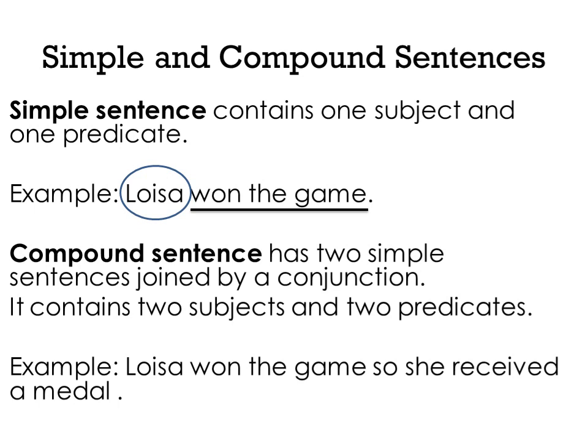A compound sentence has two simple sentences joined by a conjunction. So what is a conjunction? A conjunction can be but, and, so. So it contains two subjects and two predicates.